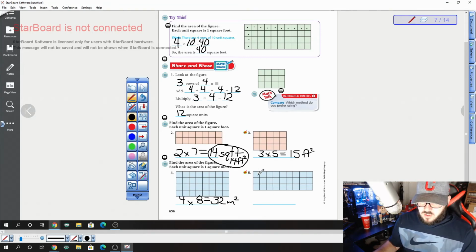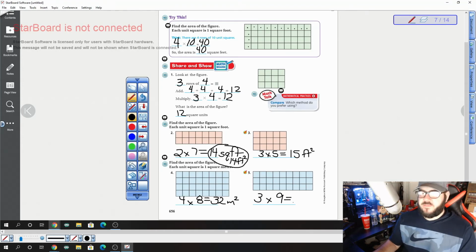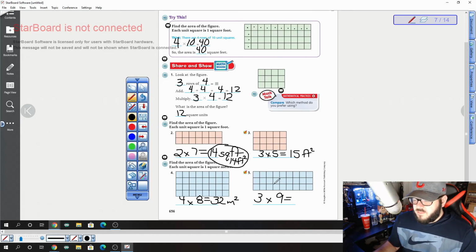Number 5. How many rows? 1, 2, 3. Okay. Times how many in each row? 1, 2, 3, 4, 5, 6, 7, 8, 9. Okay, 3 times 9. Hopefully you guys know this fact. 9 times facts are the ones we're probably struggling with the most.